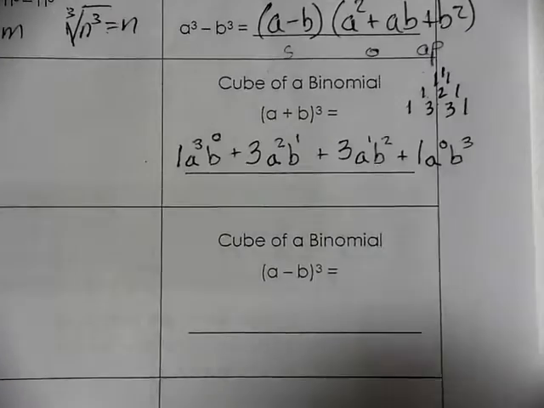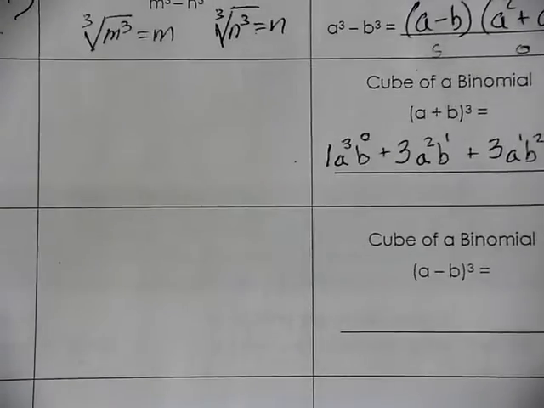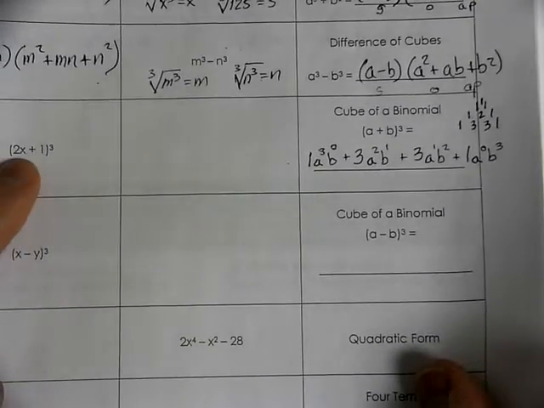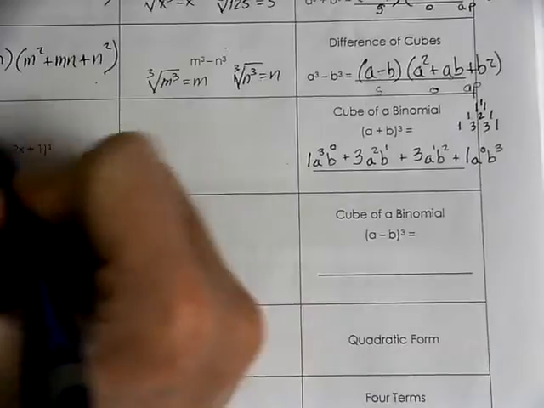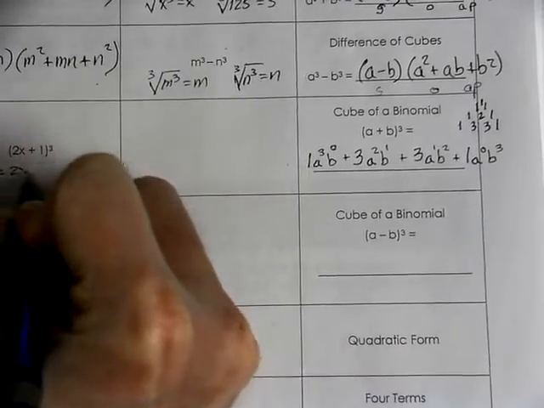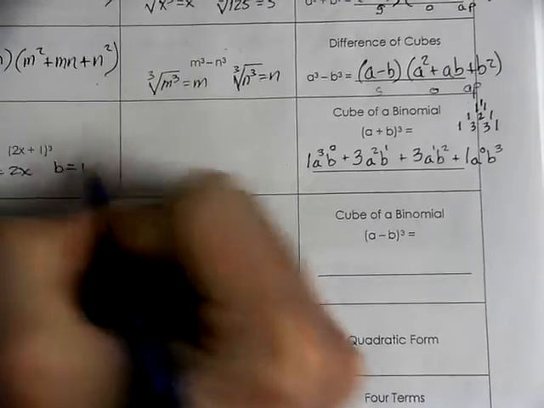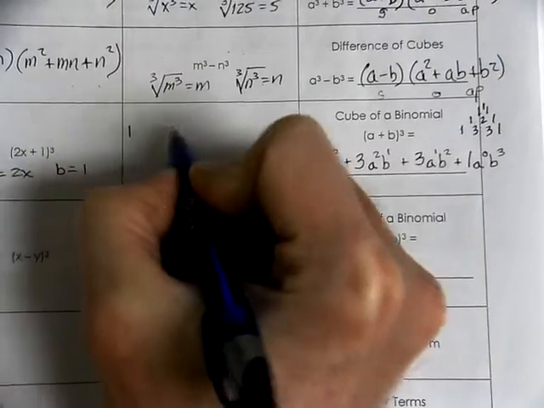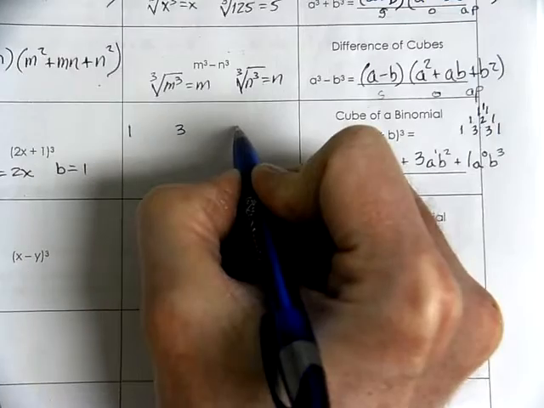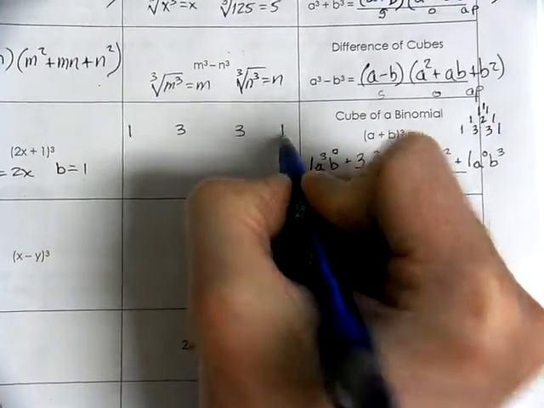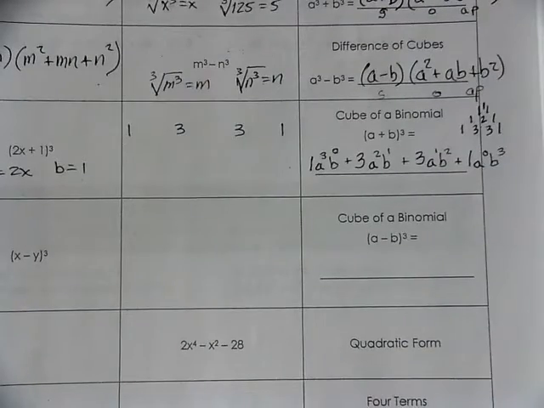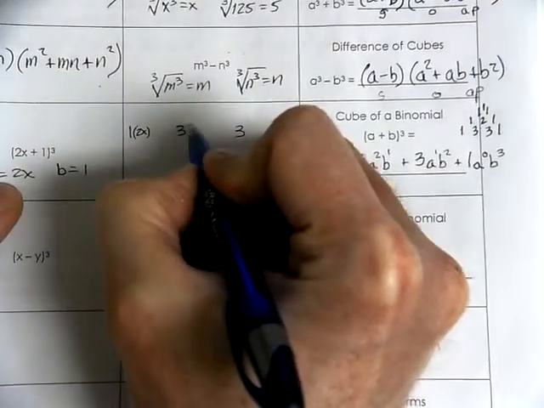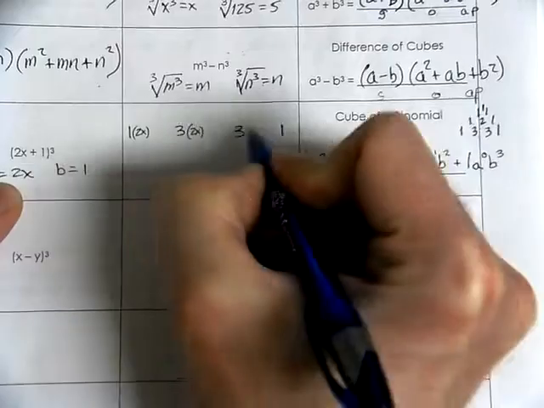So when we take this, our a term is 2x and our b term is 1. So we're going to use 1, 3, 3, 1. So we'll take 2x and multiply it to each one of these.